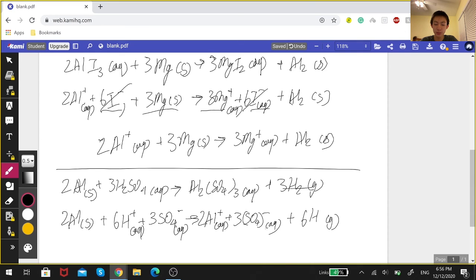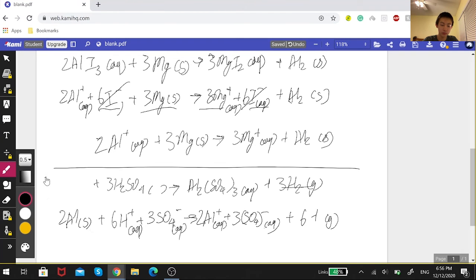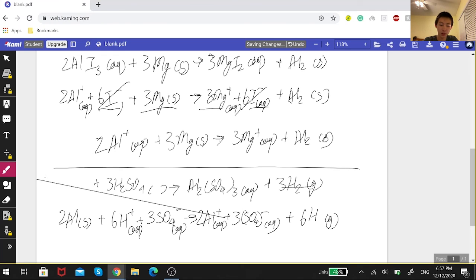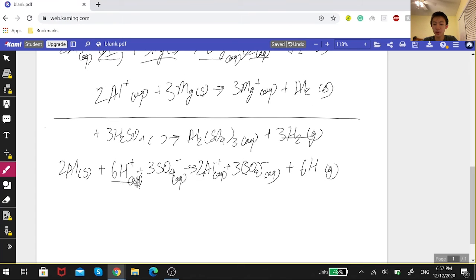So we have 6H plus, and we have Al2 over here. There's no Al2 plus on the other side, and there is no 2Al on this side, there's only 2Al plus. So we're going to keep this one. Then we're only looking at the 6H plus. There's no 6H plus on the other side.